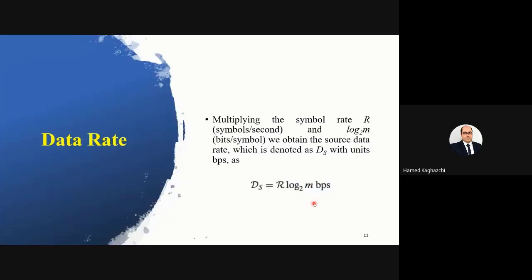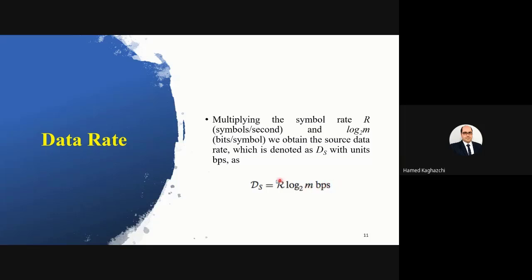Now, if I multiply these two values together, R and entropy, I can find the data rate of the source. Ds is the data rate of the source, which is equal to R times log 2 of m.